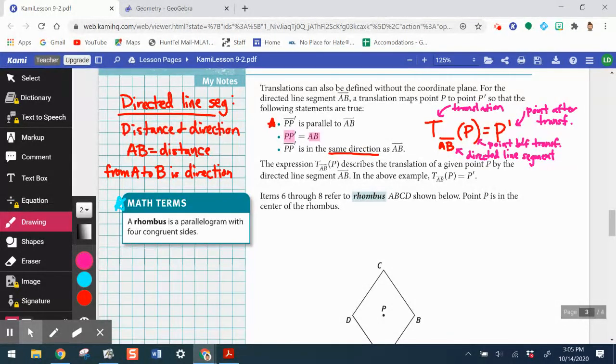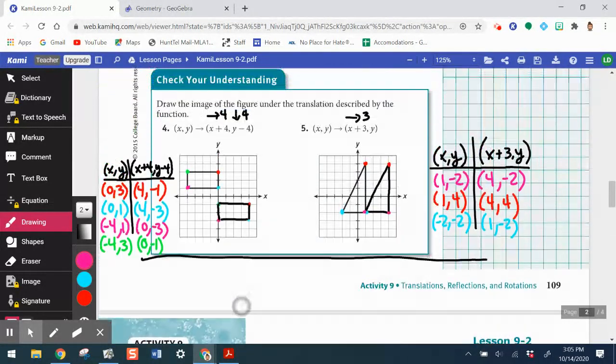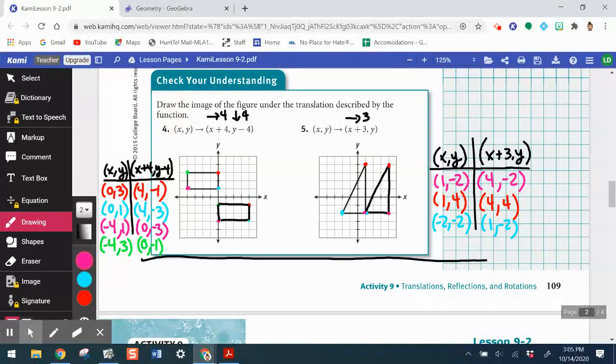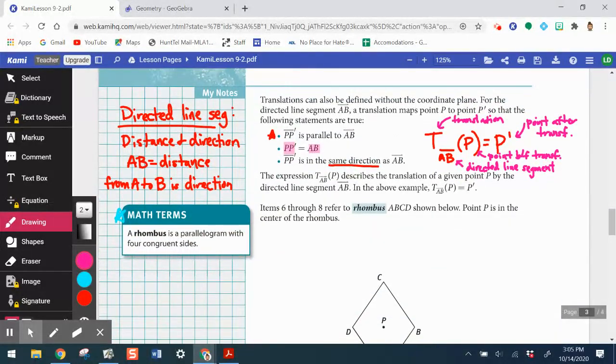So a couple things, translations can be defined without the coordinate plane. And that's where we start seeing all this crazy notation and such, because we don't have the coordinate plane. We don't have these functions to define that translation like we did with the coordinate plane. So a couple things. When we talk about the directed line segment, we're talking specifically about 2 things: the distance and direction of the translation.